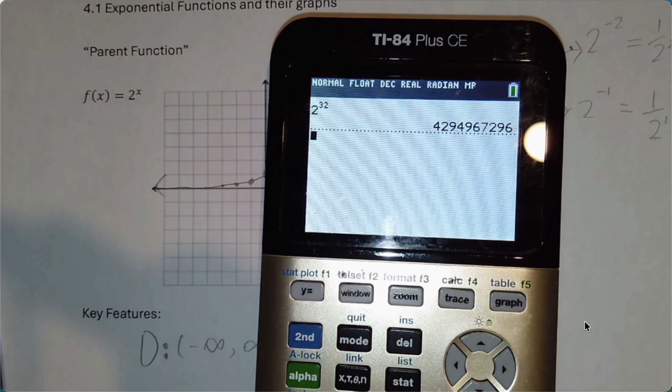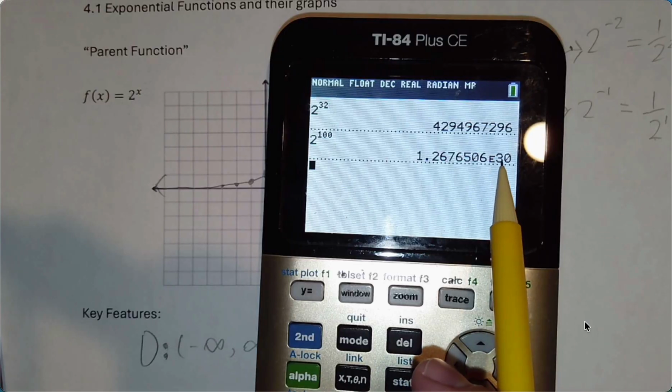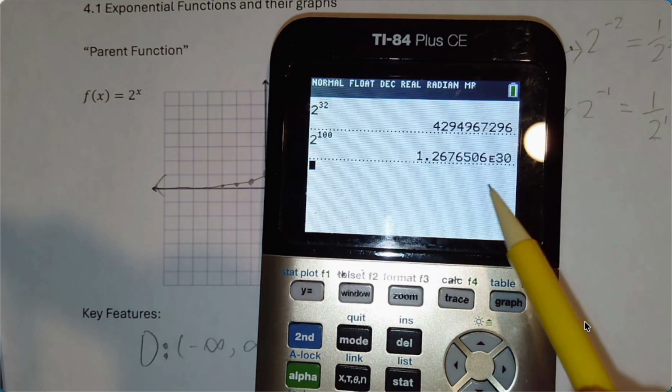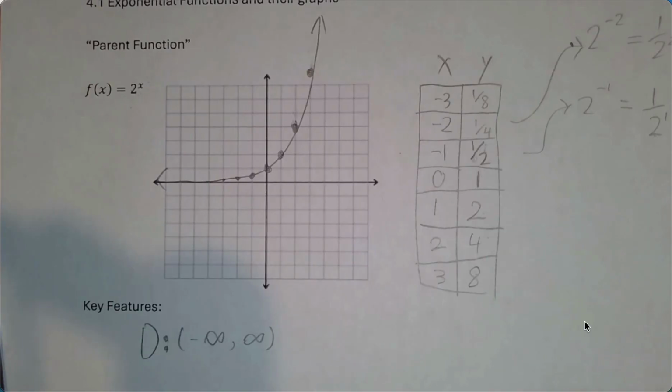Or no, I'm not yet, but maybe 2 to the 100th. You can see that's saying that this number has 30 additional decimal place moves to express it. So this is a 31 digit number. That's huge, but it does go right forever.